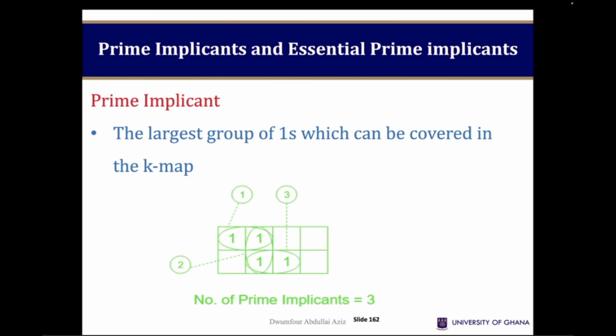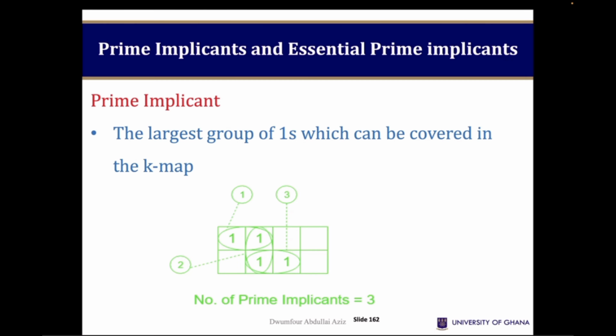Which of the groups has also been covered by other groups? Group 2, sir. Group 2, very good. So you realize that whilst group 2 is counted as a prime implicant, in reality, group 2 has already been covered by group 1 and group 3, making group 2 redundant.